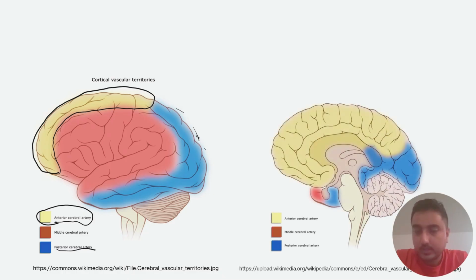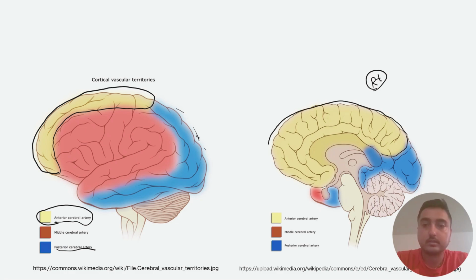If we cut this brain into two halves and see from inside, so this basically we are seeing the right cerebral hemisphere from inside. So we can see here that the anterior cerebral artery is also supplying the medial side of the brain over this area.